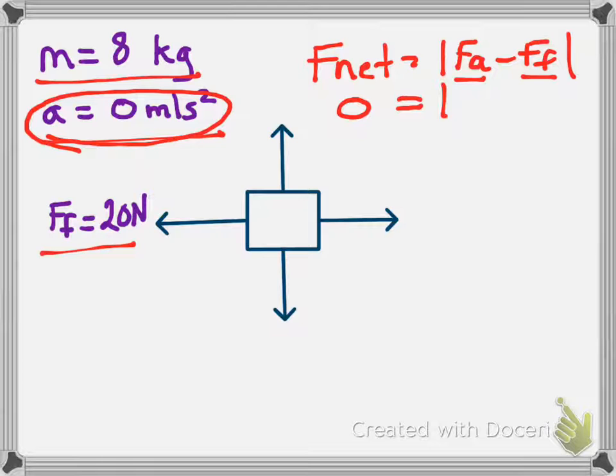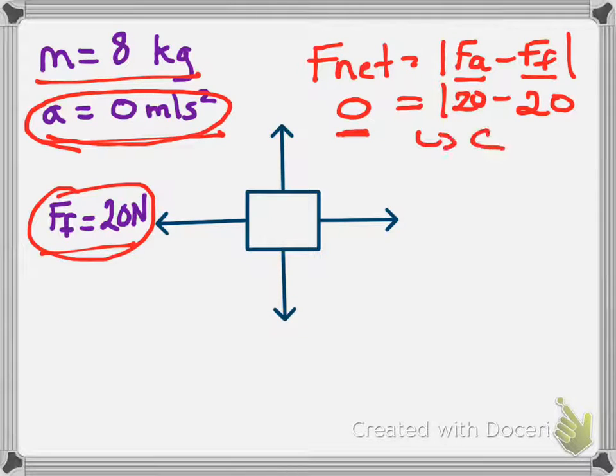Well, in this case, I know FF from my diagram, so I know that's 20 newtons. So in order for me to get 0 over here, this also has to be 20 newtons, because I'm really going at a constant velocity. So we're going to write over here FA equals 20 newtons.